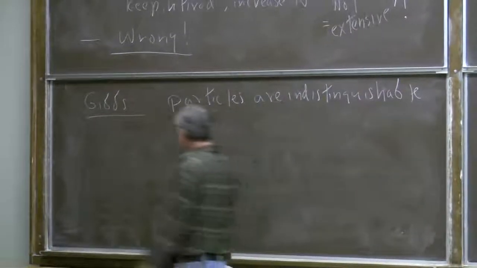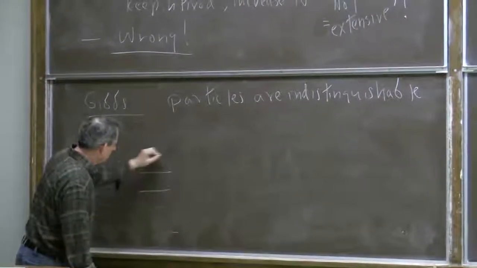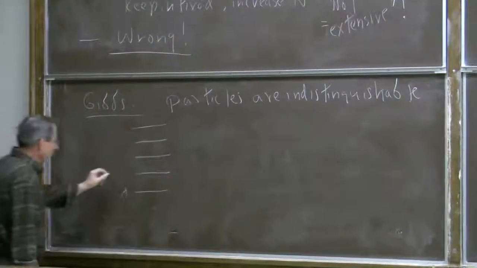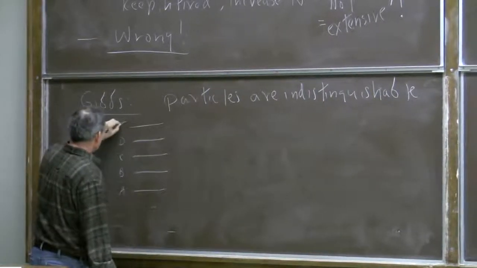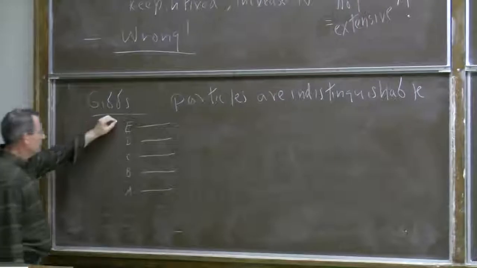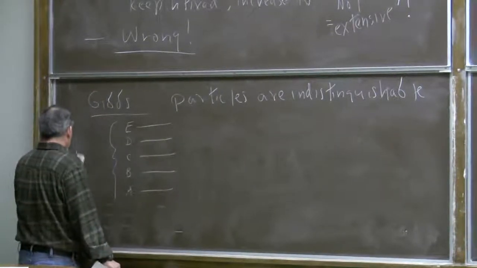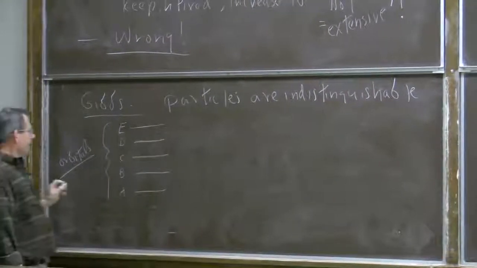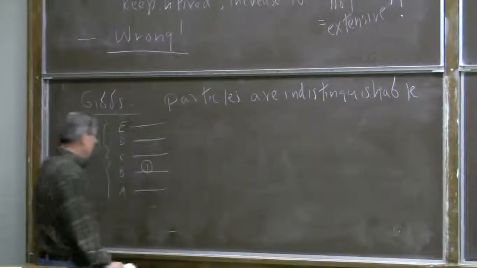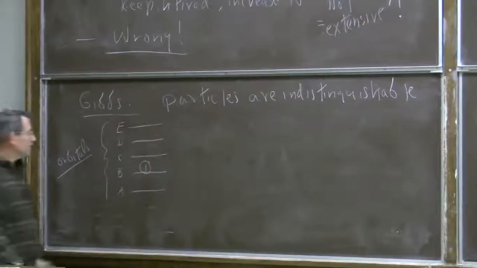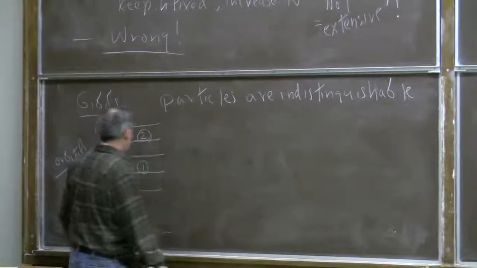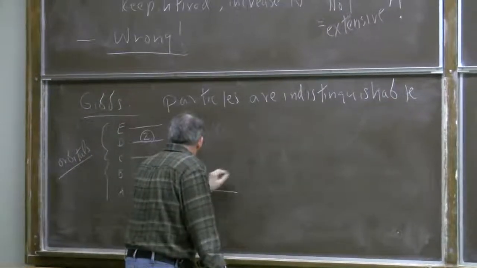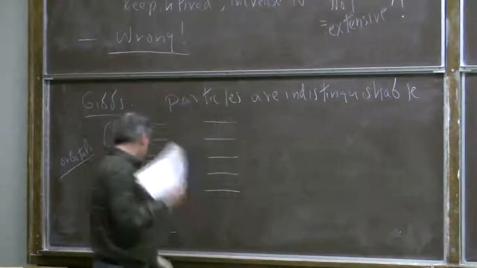So Gibbs said, suppose you've got a bunch of orbitals. These are the orbitals. I'll label them with letters, and I'll label the particles with numbers so we don't get confused about which label corresponds to which. And the way we've been doing the counting so far, we've said, okay, I could take particle 1, and I could decide which orbital he's in. He's in orbital B. And I could take particle 2 and put him in orbital D. And I could, on the other hand, have reversed the roles of particles 1 and 2.